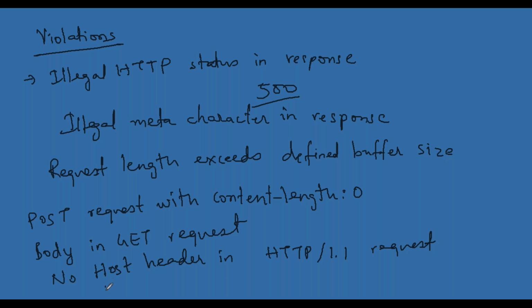Or an attacker might be trying a different HTTP version. So you would get a violation as bad HTTP version. Maybe the attacker might be trying to use an old version to take advantage of weaknesses in that older version. So all these were related to your HTTP protocol compliance.